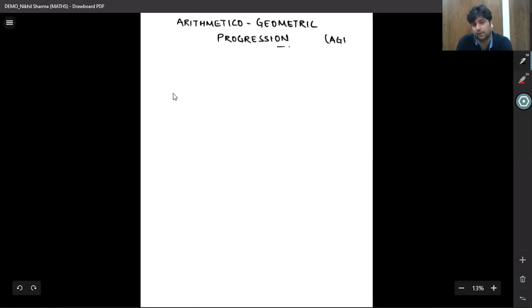This is your AGP. So what do we understand by the term AGP, Arithmetico Geometric Progression?